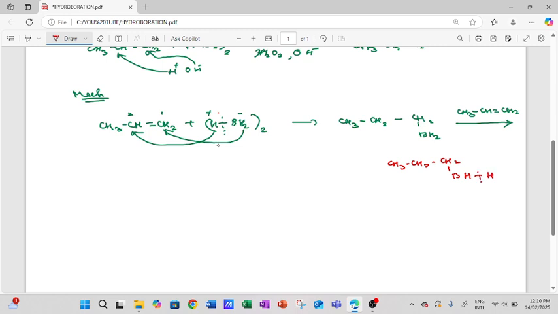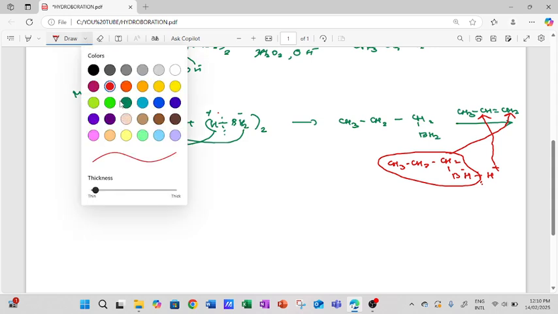Here the bond between BH and H breaks. H becomes positive and BH becomes negative. The negative part, CH3, CH2, CH2, BH minus, is added to the carbon with more hydrogen atoms of the added alkene, and H plus is added to the carbon with fewer hydrogen atoms. Got it? In this way the second step proceeds.